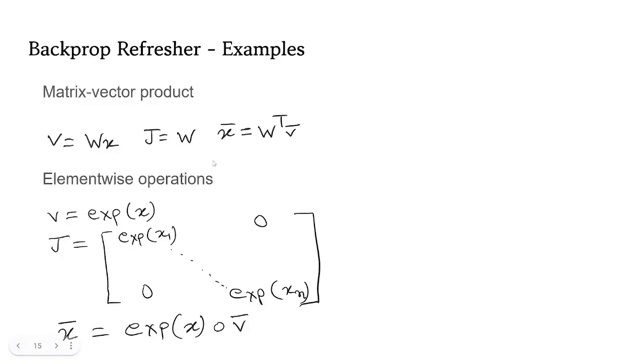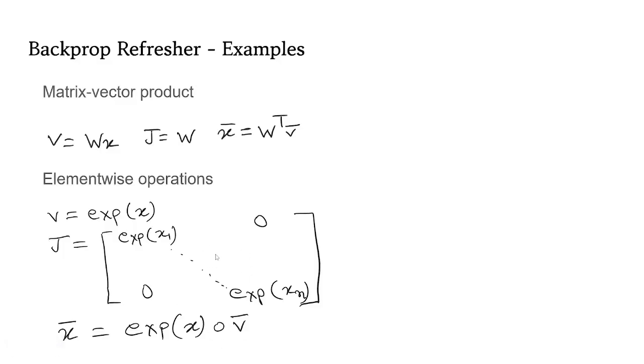And here the adjoint of x turns out to be, if you do the transpose of the Jacobian times v bar, the adjoint of v, basically an element-wise multiplication of this vector, the exponentiation over x, which is really v, with the adjoint of v.